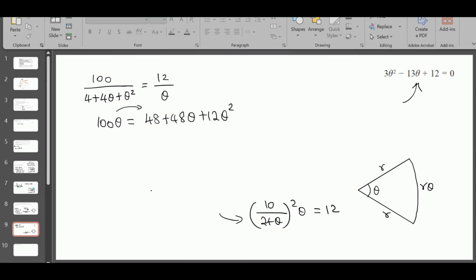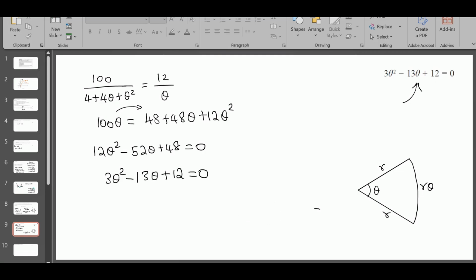Move this also this side. 12 theta square, 48 minus 100 is minus 52 theta plus 48 is 0. Divide throughout by 4. So 3 theta square minus 13 theta plus 12 is equal to 0. We framed the equation already. That's the required equation, right?